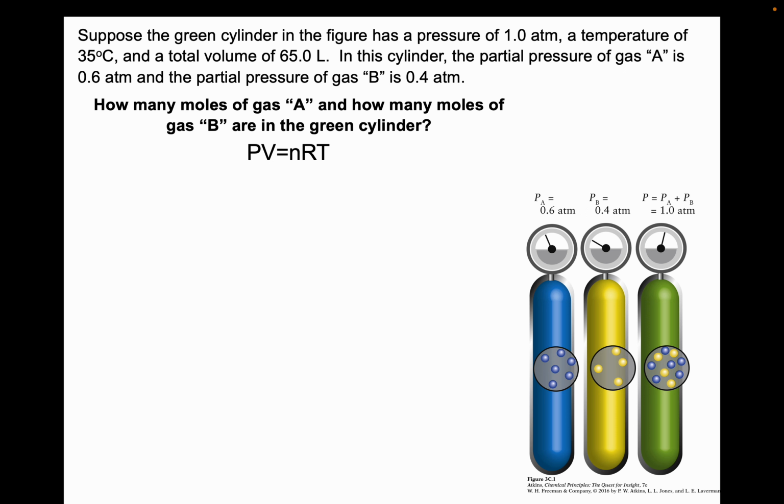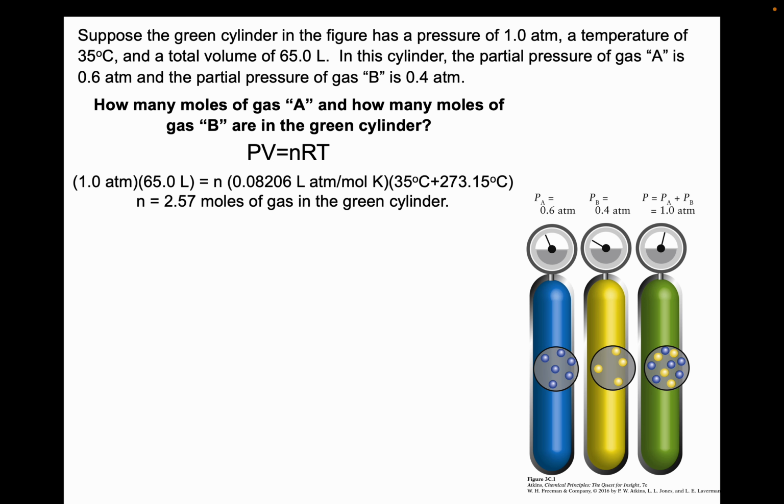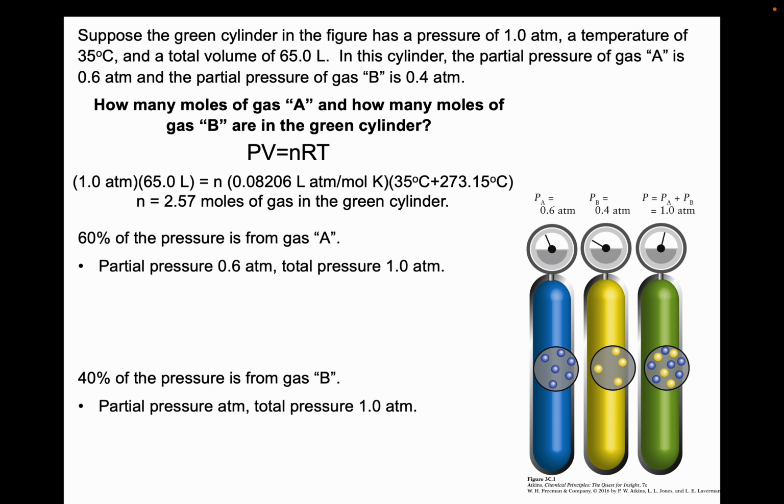We have a description of the volume and the temperature and the pressure, so we could use PV equals nRT. We could put it all together and find the total number of moles of gas that are in the green cylinder. Then we could look and say that 60% of the pressure was coming from gas A. I'm getting that because its partial pressure is 0.6 and the total is 1. That's 60%. 40% of the pressure is from B.